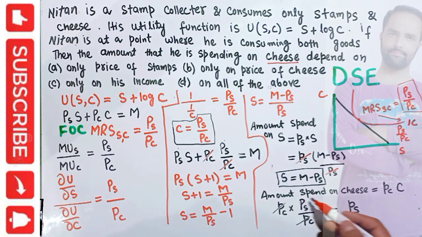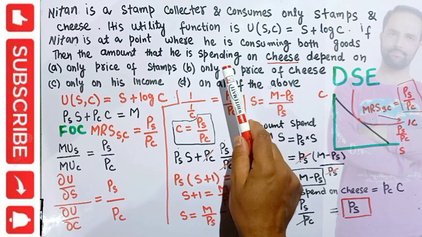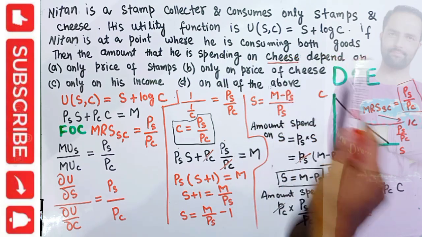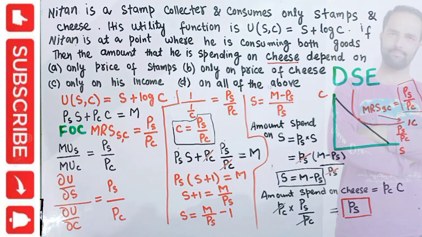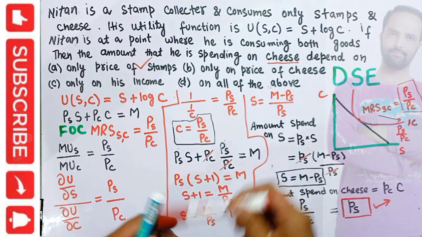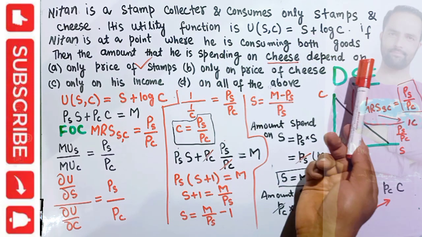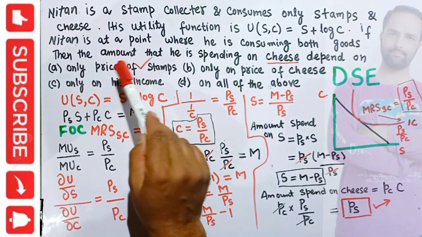So the amount spent on cheese is equal to the price of stamps, and you can safely say that spending on cheese depends only on the price of the stamps. Yes, this is correct, because we got the amount spent on cheese equal to the price of stamps. That means spending on cheese depends only on the price of the stamps.